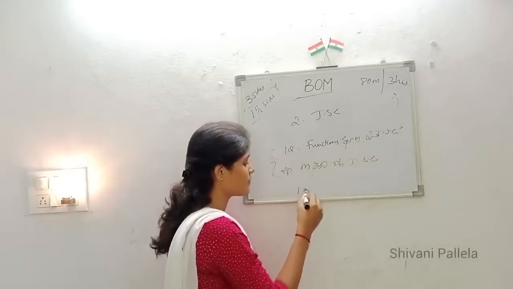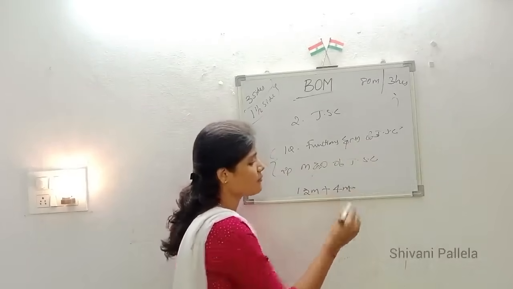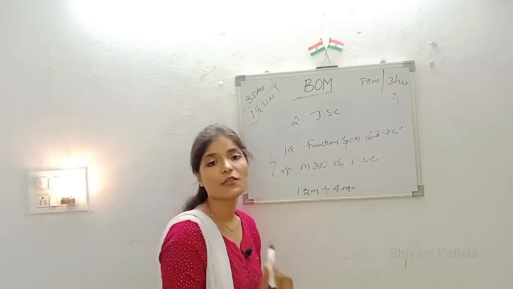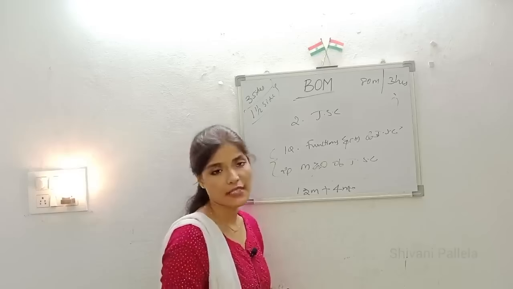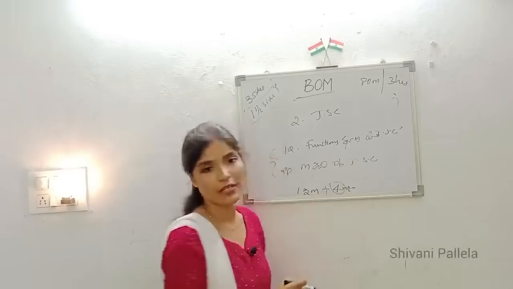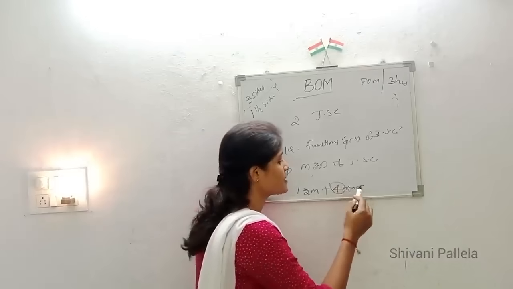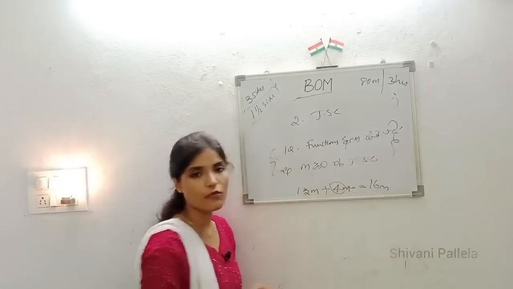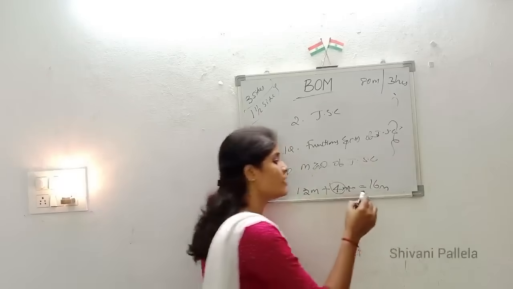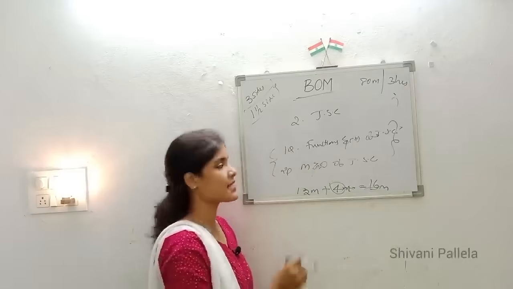Definitely one long question will come, 12 marks, and you can attempt one short also. Whatever short question they may ask, you will be capable of answering that. That's why I'm saying that short also you are attempting. Okay, so 12 marks plus 4 marks is equal to 16 marks. If you are learning these two questions perfectly, you will attempt 16 marks weightage in your final examination.